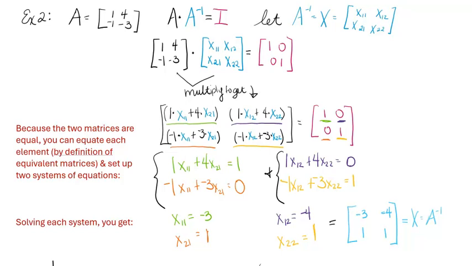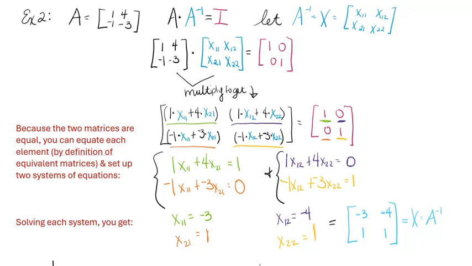Then what we can do is, because if two matrices are equal, their elements are equal, we've got this multiplied matrix, this product matrix, equivalent to the identity matrix. We can set up each element as being equivalent to each other. So the green one is going to be equivalent to the green one, which I wrote here.